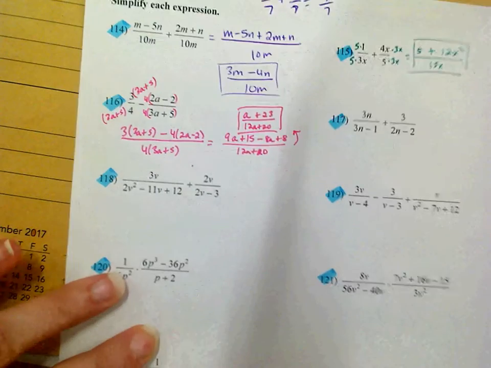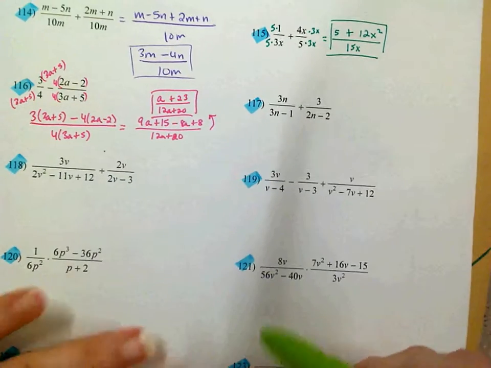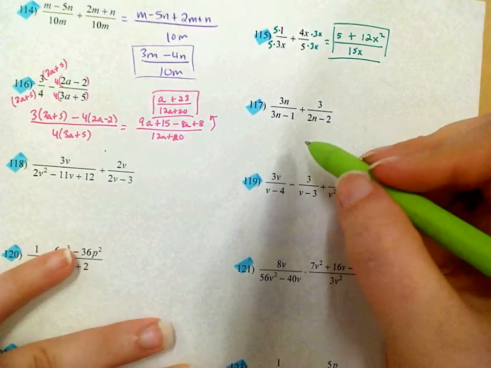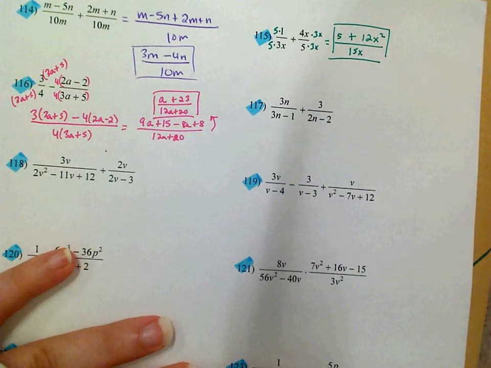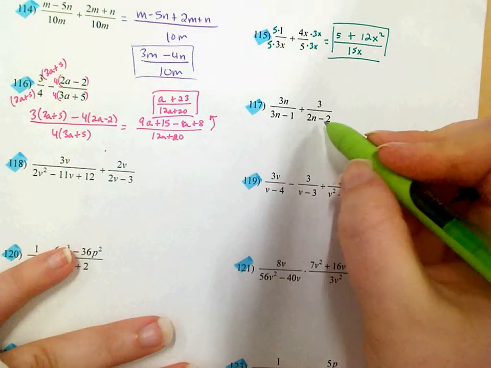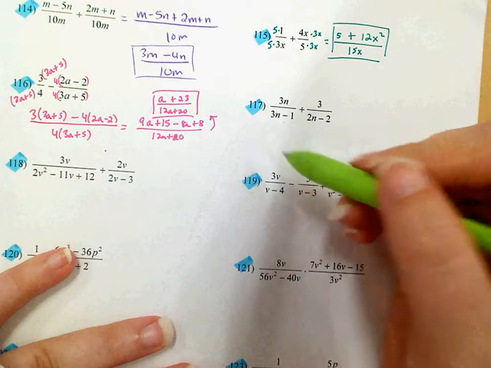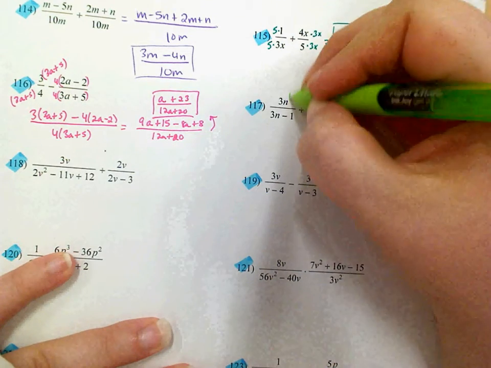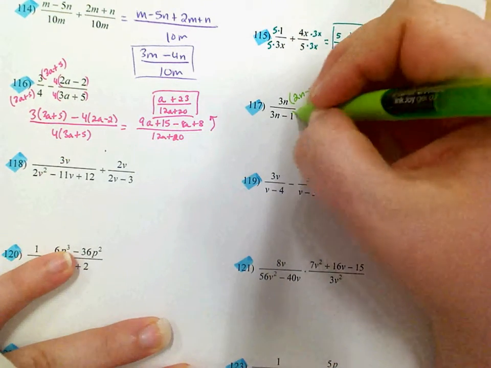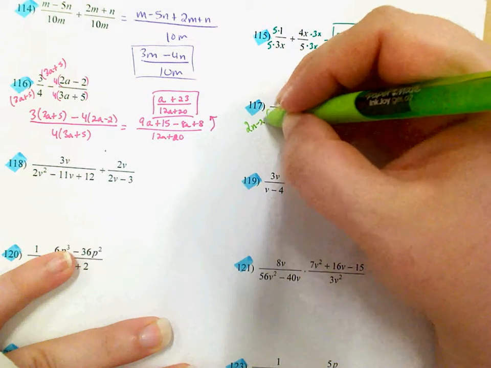Alright, on 117, 3n minus 1 and 2n minus 2 do not have any common factors. I could factor out a 2 here, but it would leave me n minus 1, and that's not a factor of that. So I need a 2n minus 2 here on top and bottom, and I need a 3n minus 1 here on top and bottom.